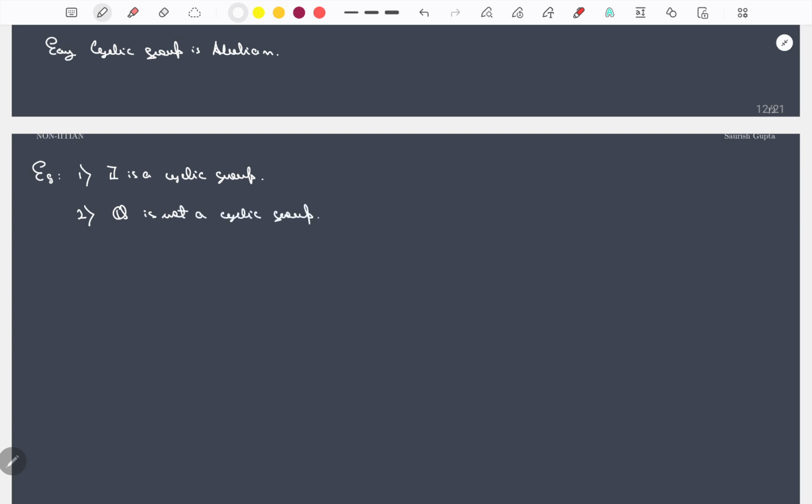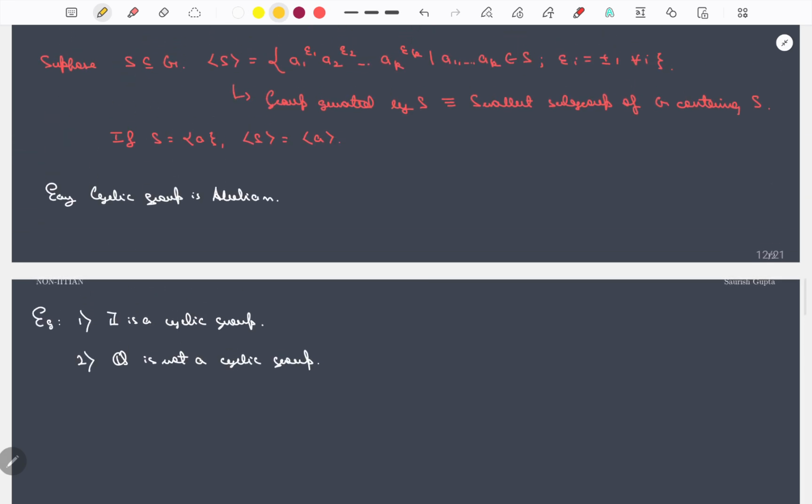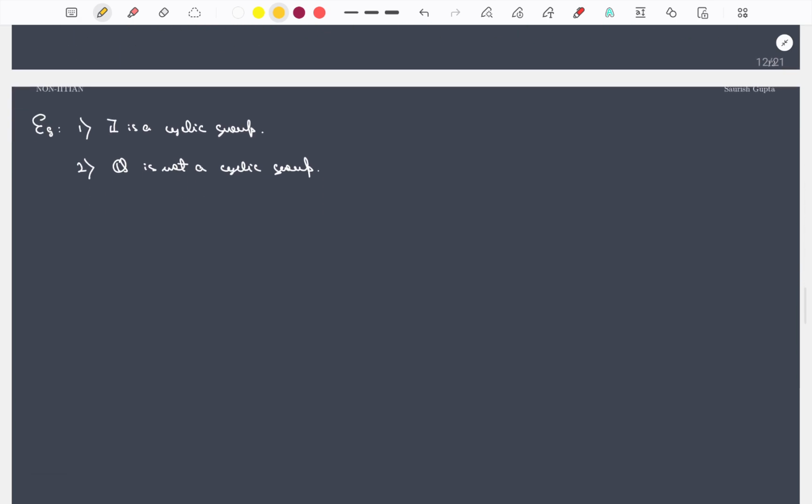In fact, there's a stronger notion in Q, that is every finitely generated subgroup of Q is a cyclic group. And what do we mean by a finitely generated subgroup? By that we mean a subgroup generated by some set S, where S is a finite set. That's it. Every finitely generated subgroup of Q is cyclic, and Q itself is not a cyclic group.